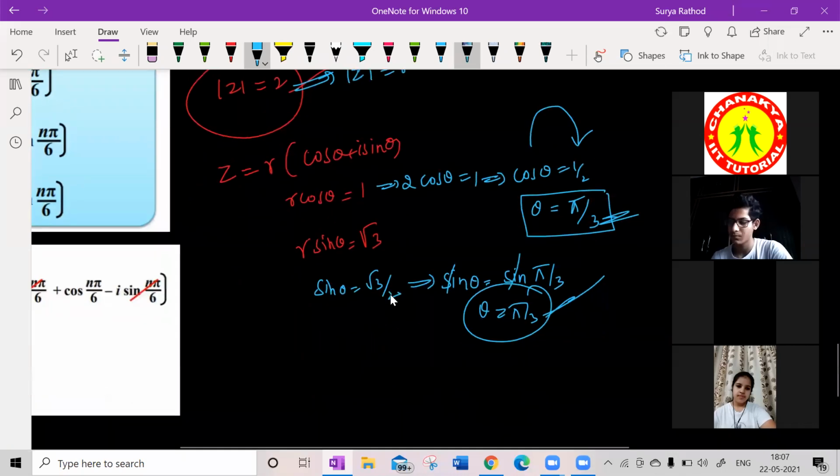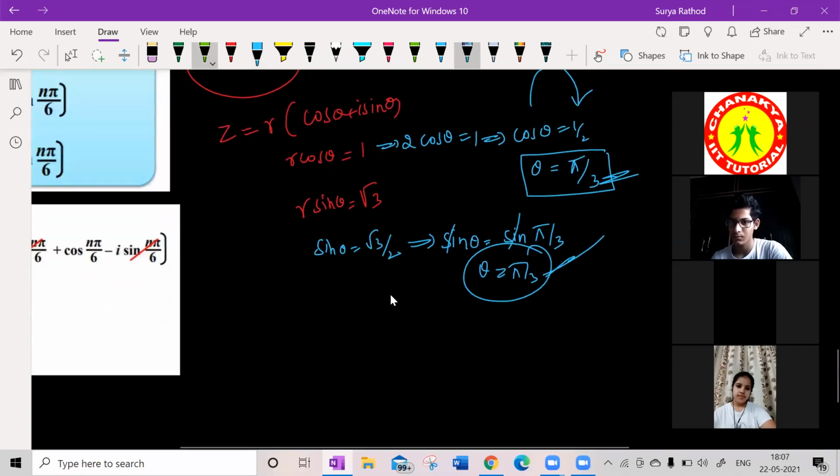So what did I understand from this? What is z? (1 plus root 3i) whole to the power of 3 is given. In place of 1 plus root 3i, let us substitute this.